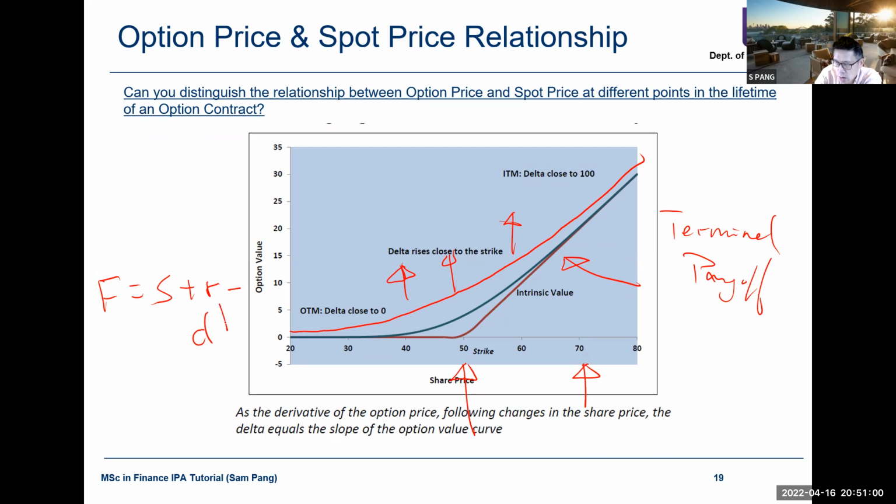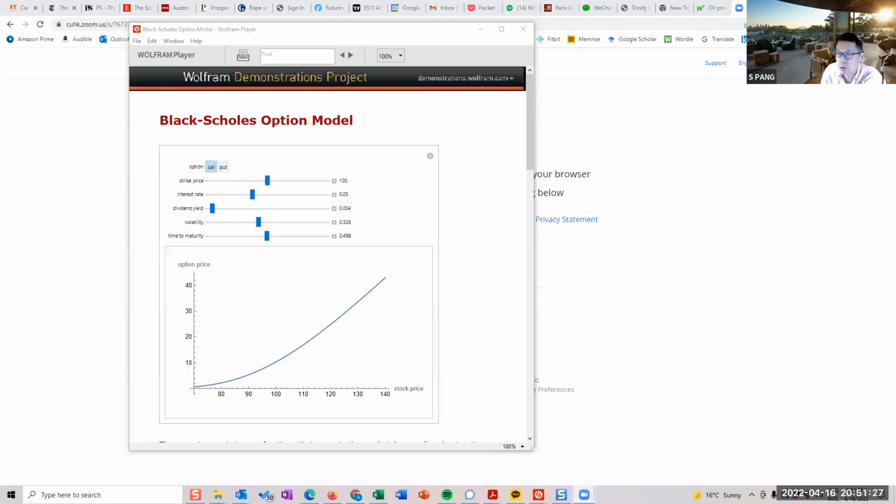So when the dividend goes up, the forward price must come down. And when the forward price comes down, your call price also will decrease because it's all driven by the forward price. This is the way I try to see it. I used to be able to memorize Black-Scholes, but now I try not to. But if you are able to, good for you.